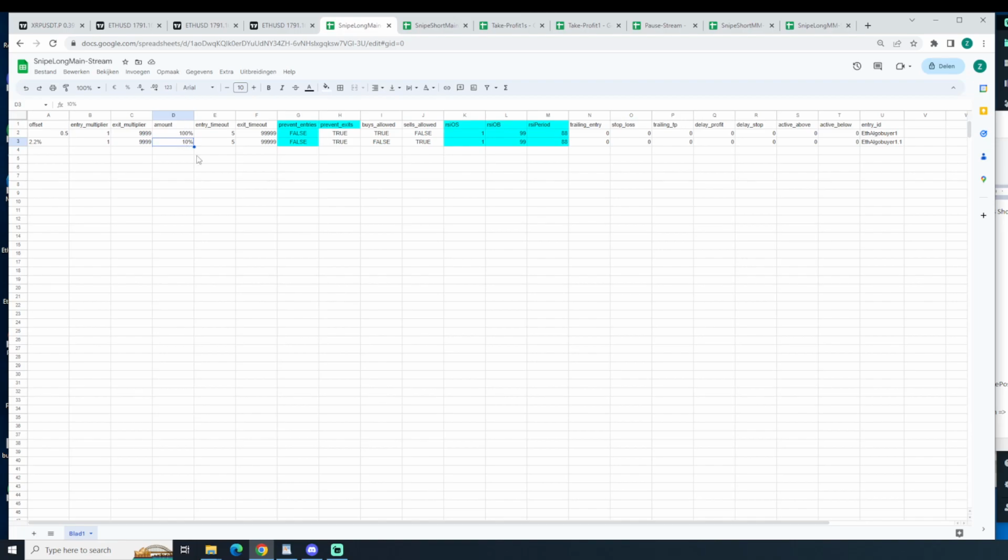Imagine you've sold $1,000 worth of Ethereum. Now you buy back $100 worth, so you're left with a $900 short position. If you buy that $100 worth of Ethereum back, you do not want to sell it again. You bought it back because that's your take profit and you want to keep it. That's why we're making the exit impossible.